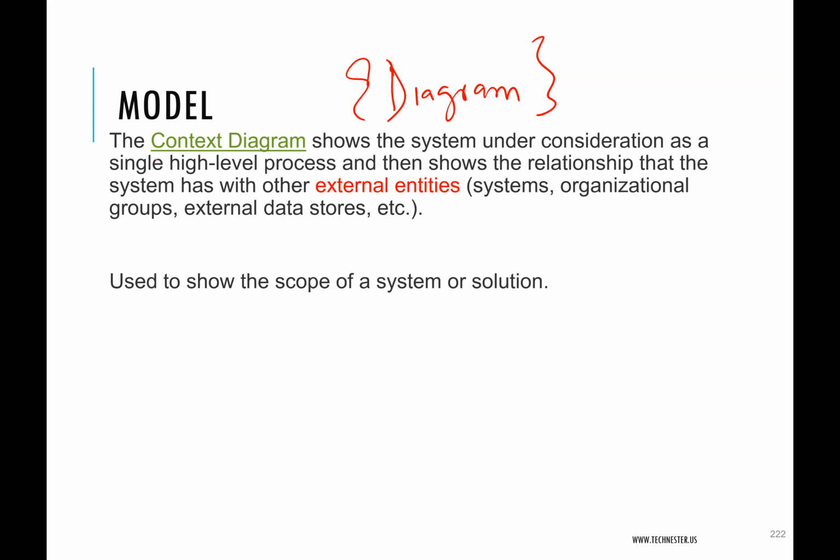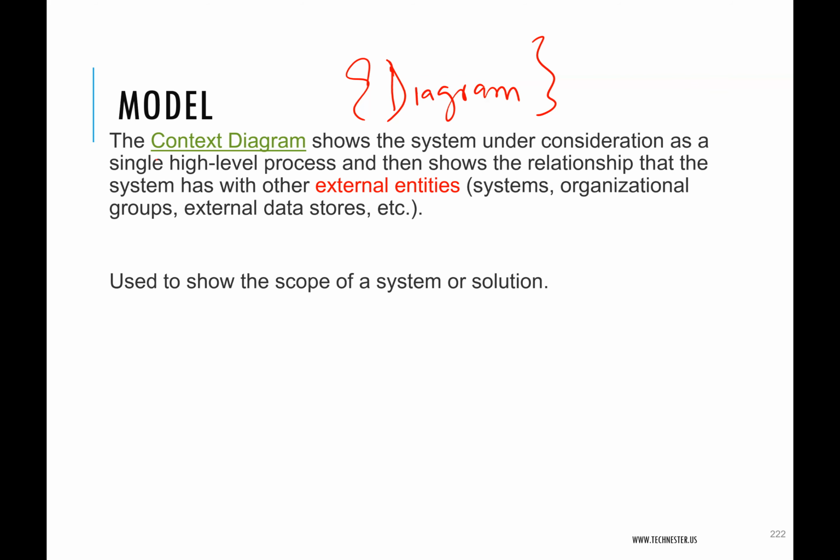That kind of diagram will help you show the scope of your solution. The scope, meaning what your system will affect and what will affect your system, sort of the boundaries, right? But it's not showing the internal workings of the system.